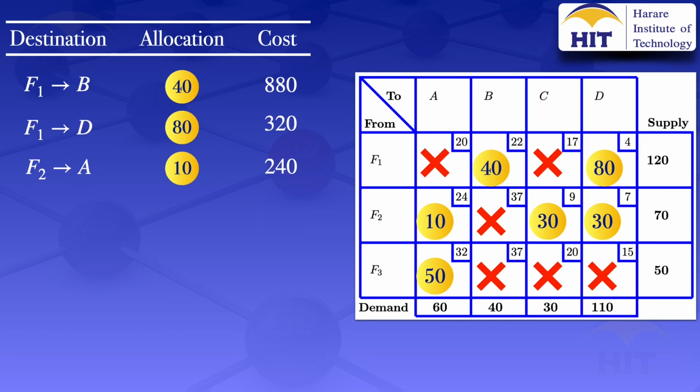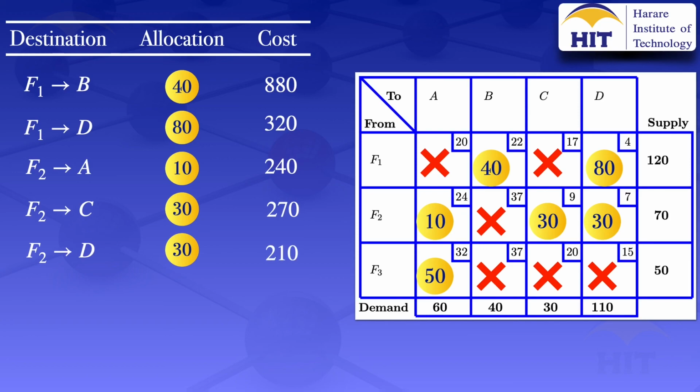For the next one, from F2 to C, we are allocating 30 units at a unit cost of 9, and the cost will be 30 times 9, which gives us 270. For the next one, from F2 to D, we are allocating 30 units at a unit cost of 7, and the cost will be 30 times 7, which gives us 210.